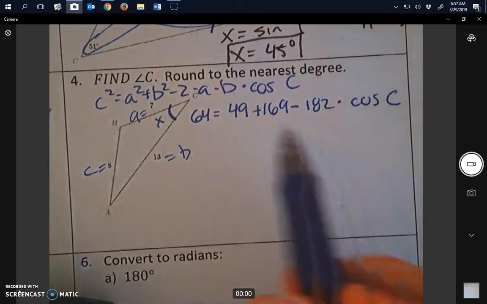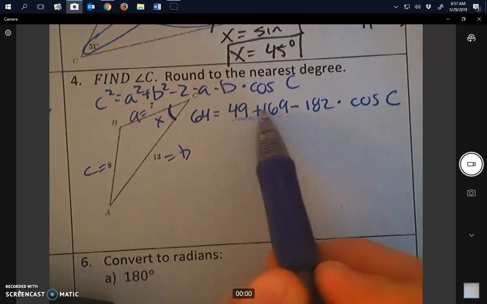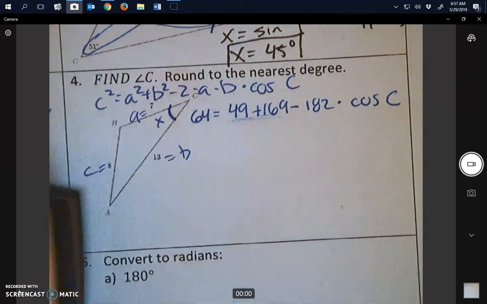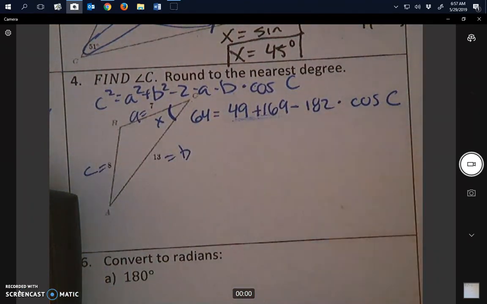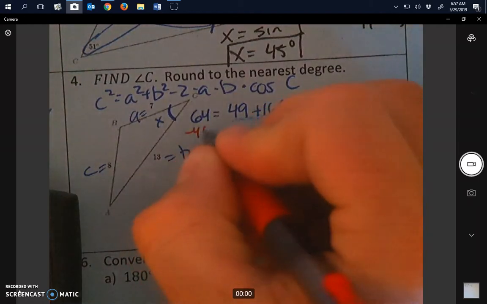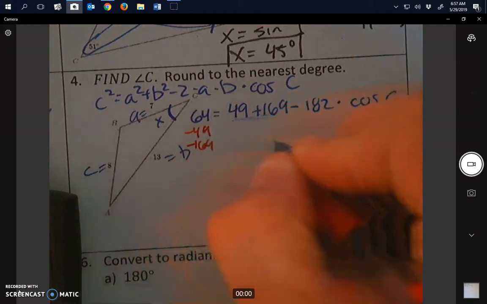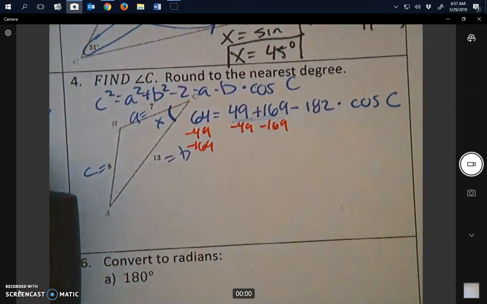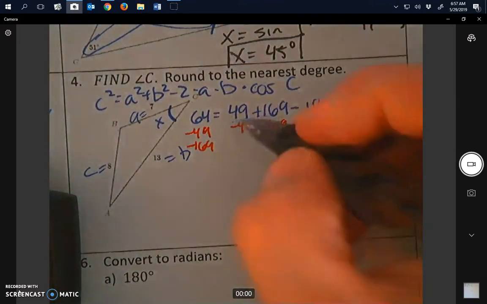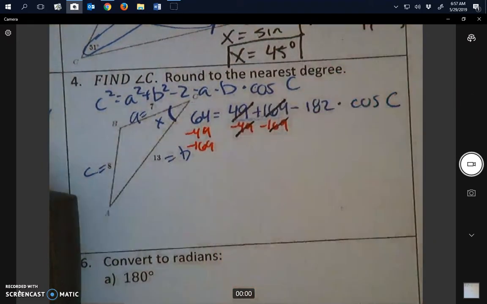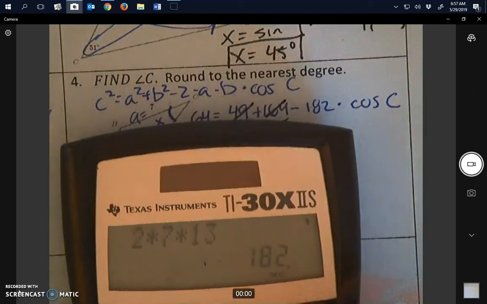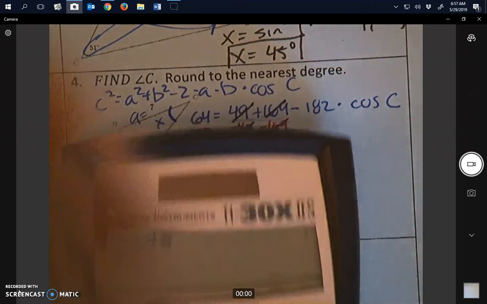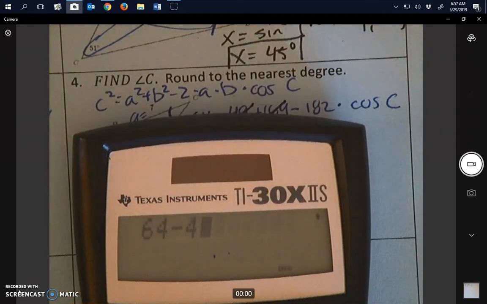All right, so now let's move over these two items to their side. So we're going to do 64, and then we're going to subtract 49 and subtract 169. So that these all cross off. So let's do the calculator. So we have 64 minus 49 minus 169.